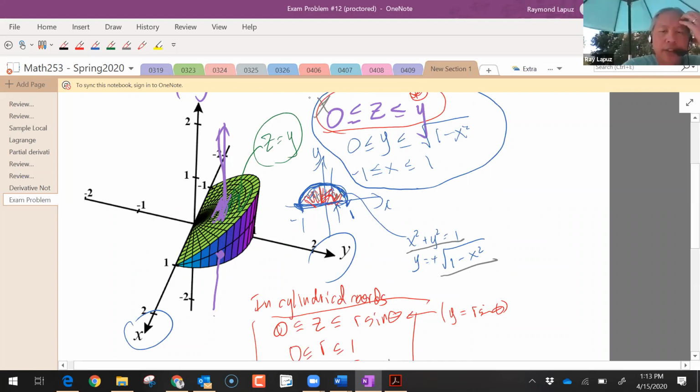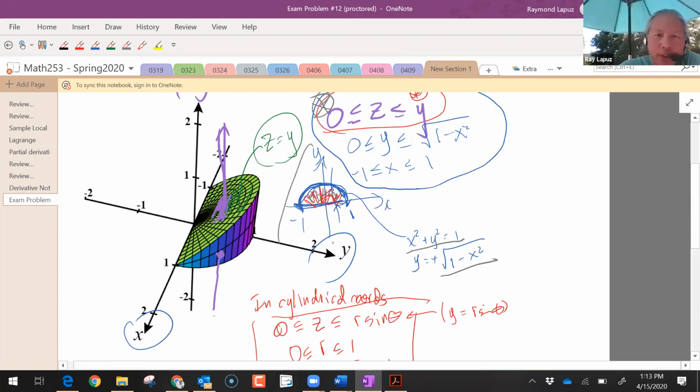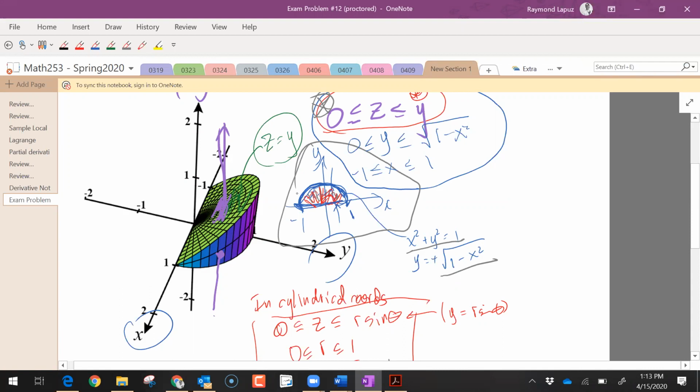Once you take care of the z, you ignore that, and you just look at the two variables that are left, x and y, and see what happens on the xy plane. On the xy plane, it's just a two-dimensional picture that you're looking at, and you ignore the three-dimensional picture. Oh, I see. That's what got me messed up. All right. Thank you. Got it.